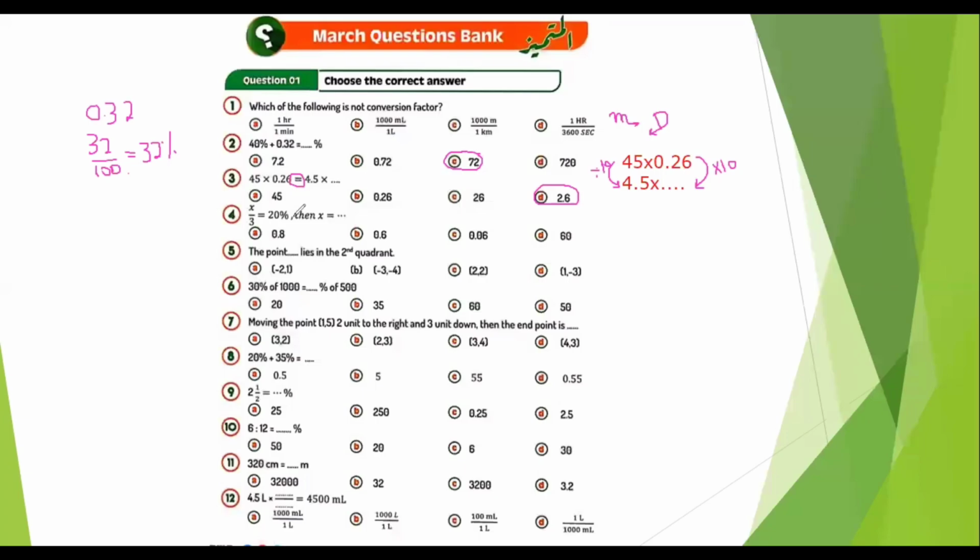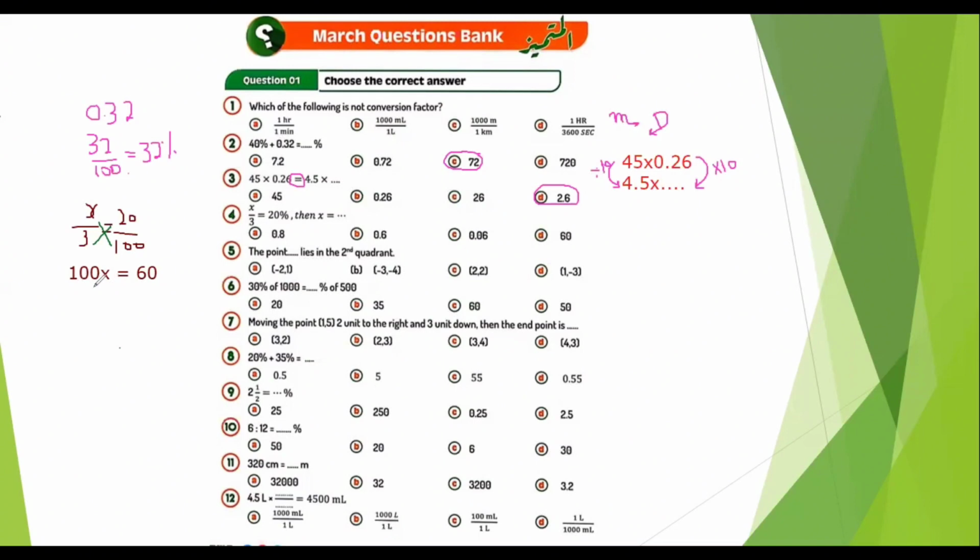4. X out of 3 equals 20%. Then what is the value of X? To get the value of X, we can write X out of 3 equals 20%, and we can convert 20% to a fraction. So it equals 20 out of 100. Now we can use the scissors way or the crisscross to get the value of X. We can say that X times 100 equals 3 times 20. So 100x equals 60.